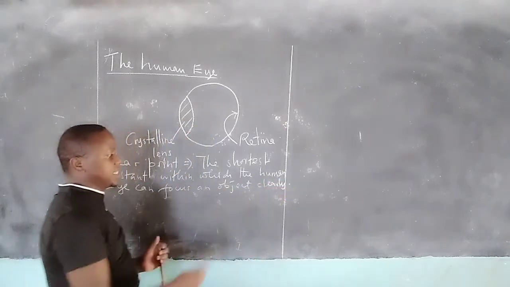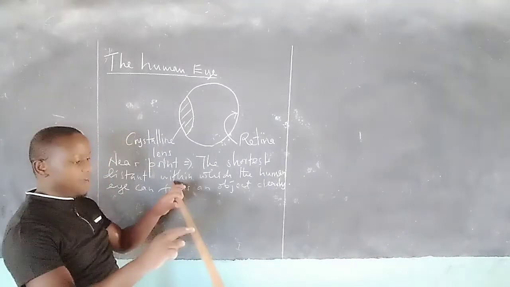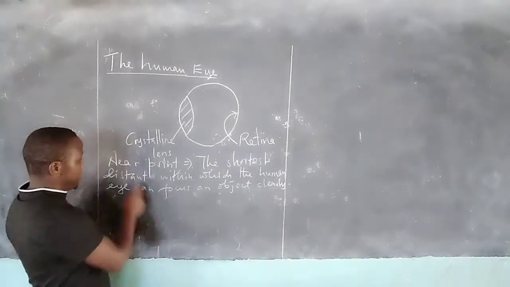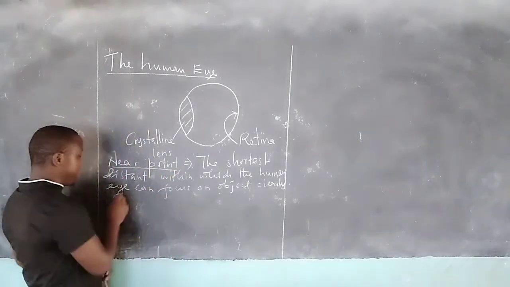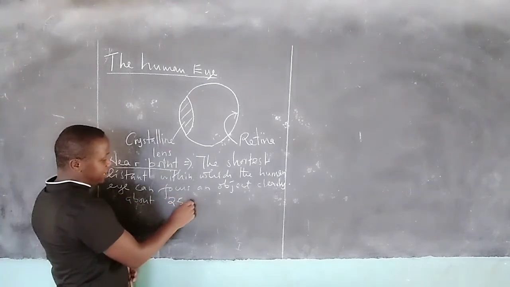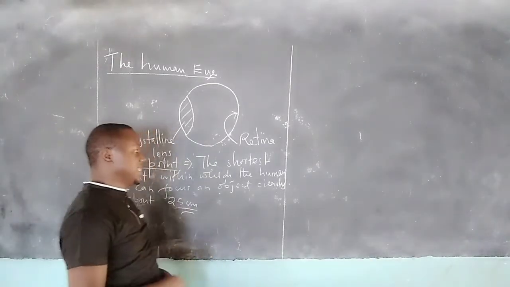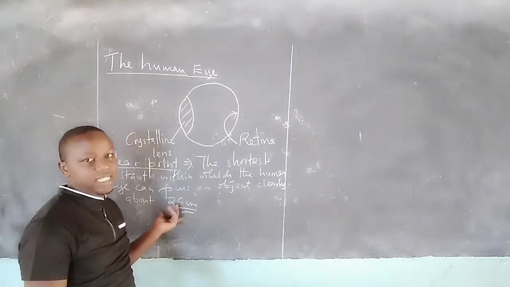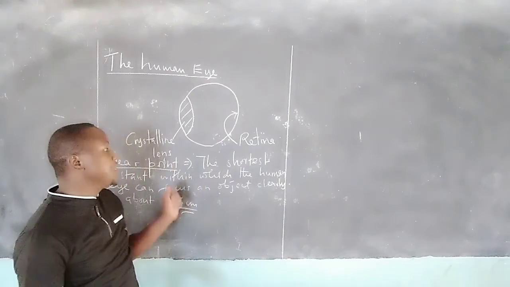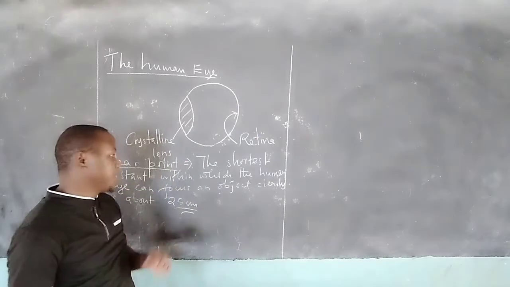So the shortest distance within which a human eye can observe something clearly, we call the near point. For a normal human eye, which is not aided by any glasses, it's about 25 centimeters. At a distance shorter than 25 centimeters, the human eye will strain to observe an object. But from 25 onwards, it can observe something.